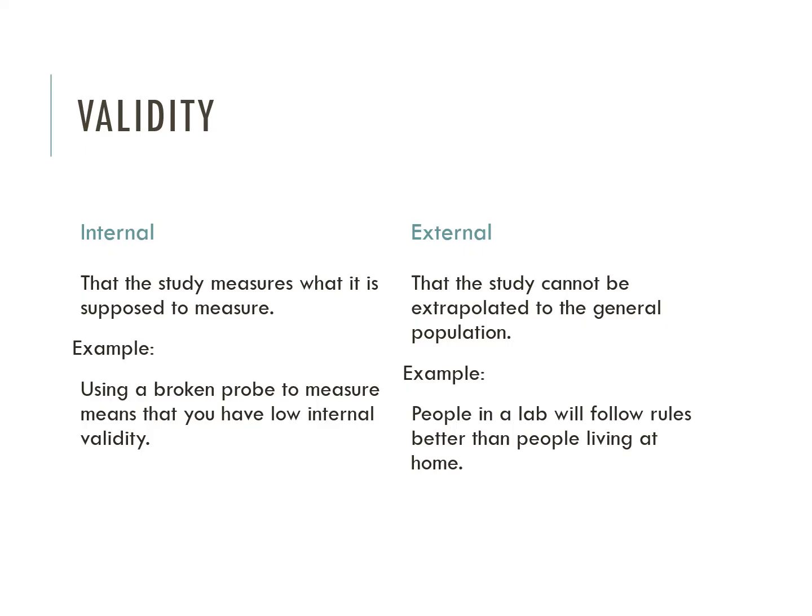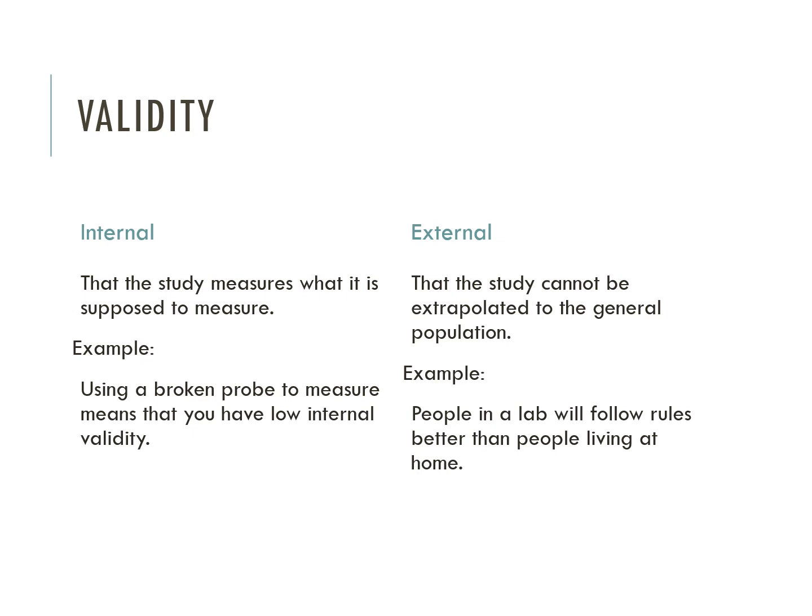So in that chart, your book alludes to internal versus external validity. And it talks about both of them just a little bit, but it doesn't really explain what those validity types are. So this is just a really short understanding of it, and we'll go into more depth in a later module. But basically, internal validity is that the study measures what it's supposed to measure, and it does so properly.